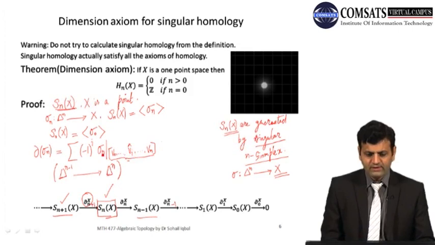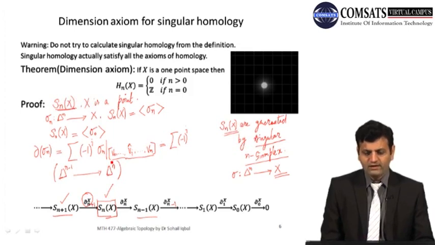So sigma n restricted to this standard n minus 1 simplex should be equal to minus 1 raised to power i. When we restrict this sigma n to a standard n minus 1 simplex, we have only one option.